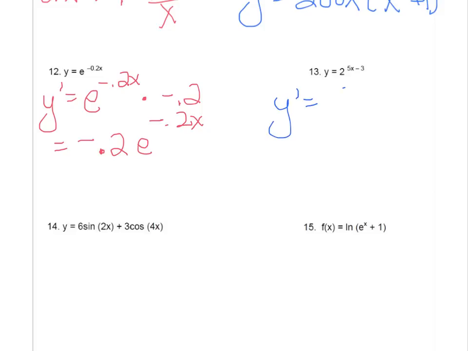We've got u prime, which is the derivative of the exponent, is 3 times a to the u, ln of a. You can't multiply the 5 and 2 because the 2 has an exponent, so we just leave that be.